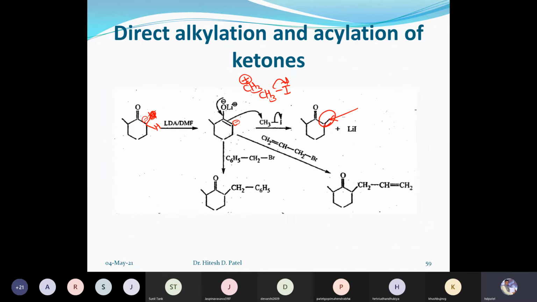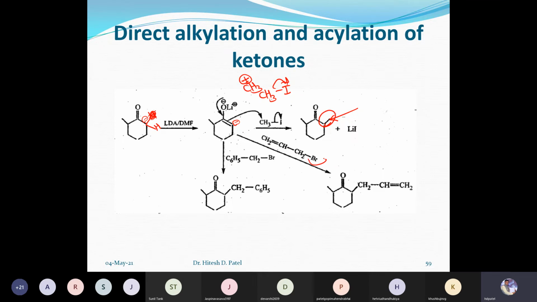So with the support of LDA, we can carry out alkylation, we can carry out acylation, or we can prepare various kinds of substituted derivatives from alkyl halide or alkene halide. Here, instead of alkyl halide, we can take alkene halide, CH2 double bond CH, CH2Br.